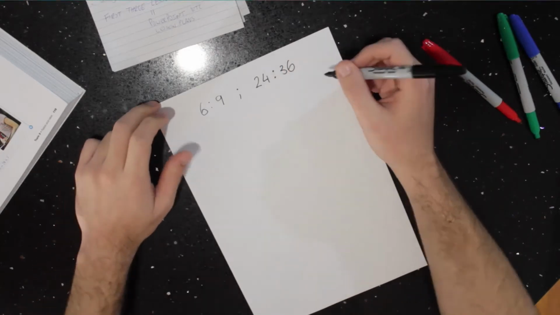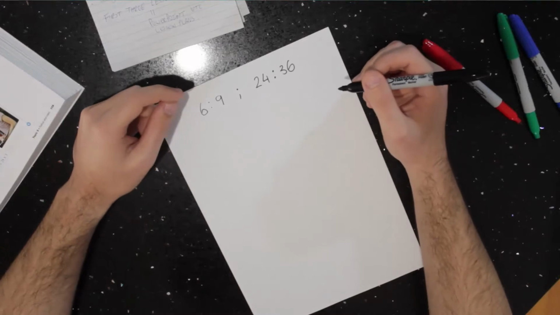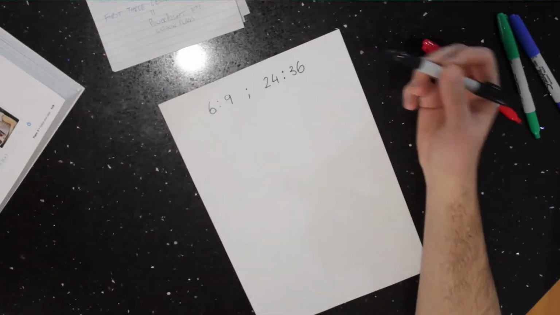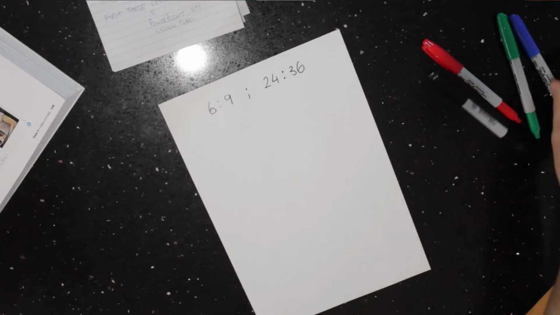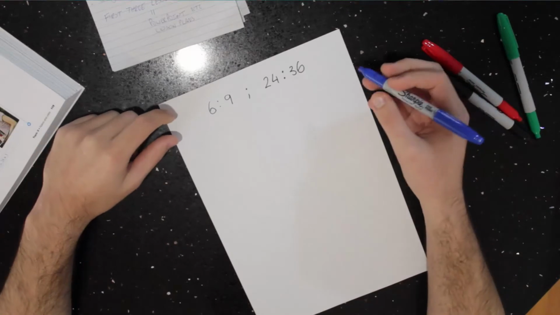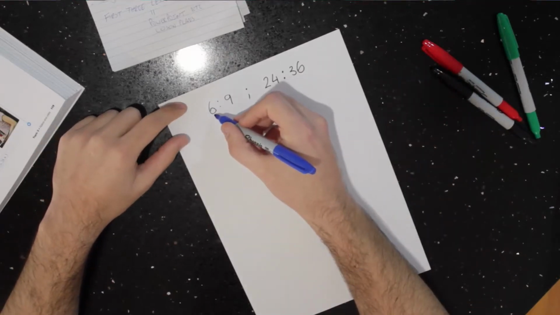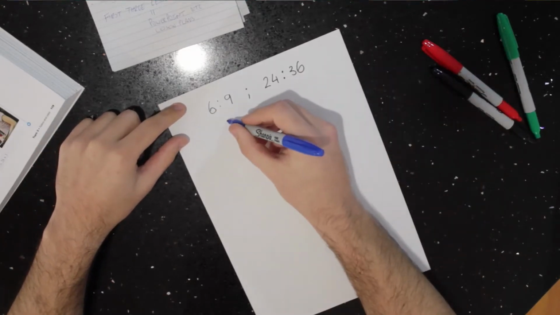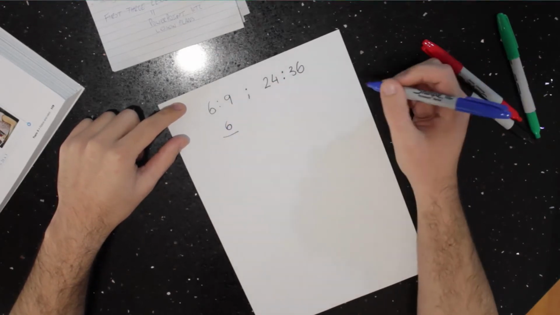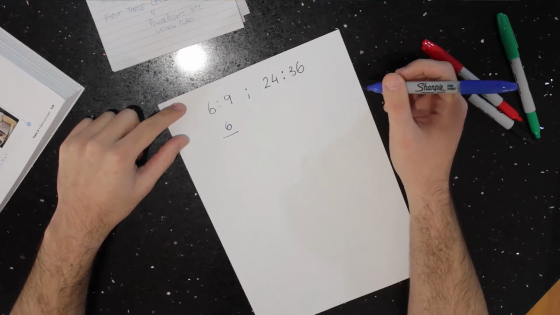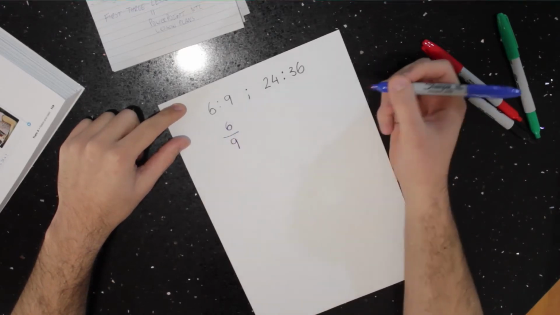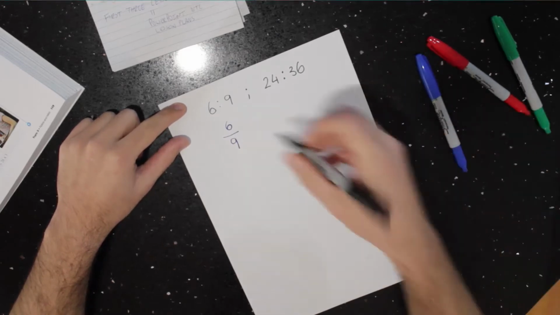So what is the cross multiplication method? The first thing we need to do with each of these ratios is convert them to fraction form. The number on the left is always the numerator, the two dots signify that little division sign, and then the 9 will go on the bottom. So that's fraction form for the first one.